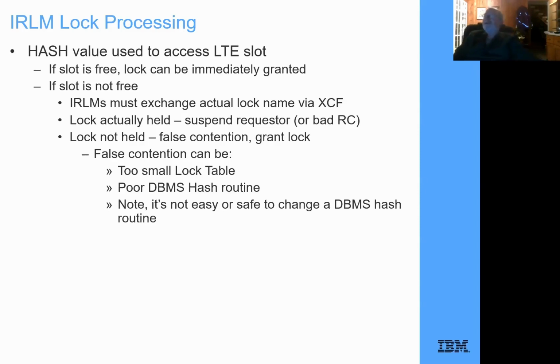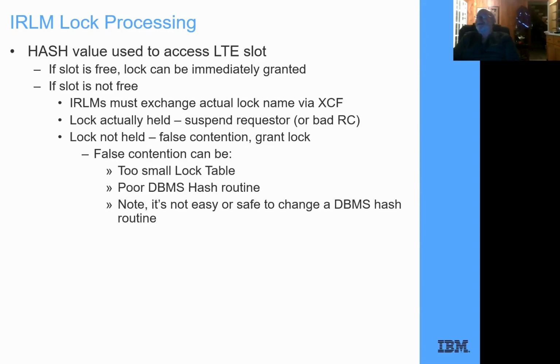There have been cases of both IMS and DB2 having what you might describe as poor hash routines. But it's not easy or safe to change a database manager's hash routine, because it's very important that all database managers use the same hash routine, such that a given lock name hashes to the same value.